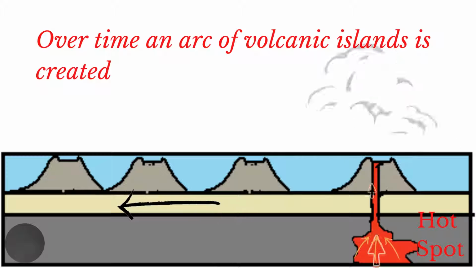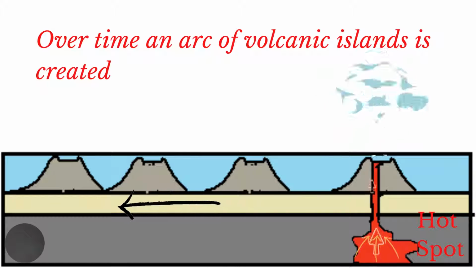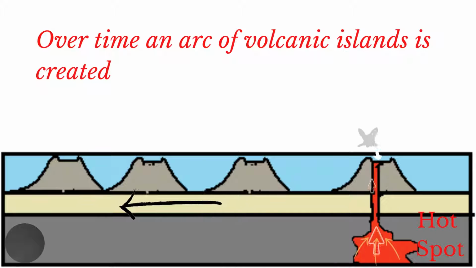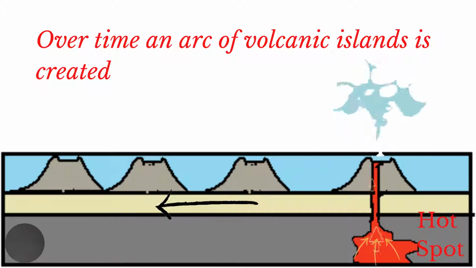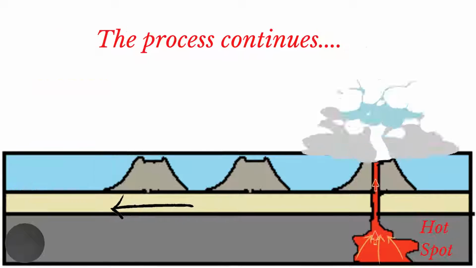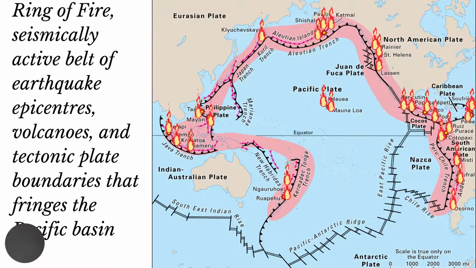This island arc is not formed in the same way that an island arc forms when two oceanic plates meet, of course. A good example of this situation is the Hawaiian Islands, formed in the Pacific Ocean and formed within the Pacific plate.